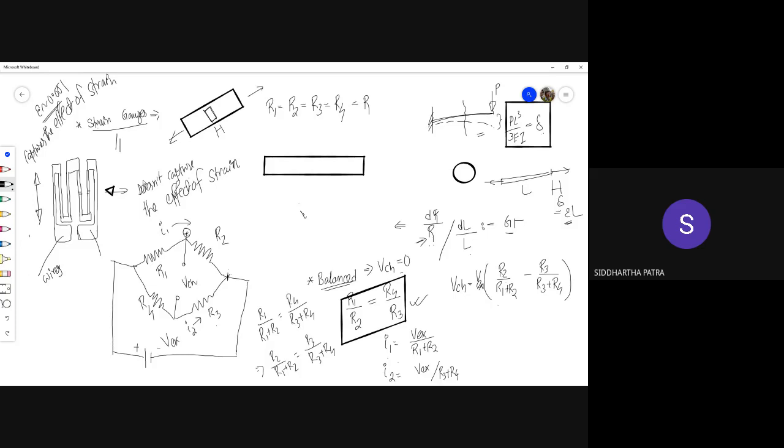So the object on which it may have been pasted may be elongating in the direction in which these strips bend. So the strain gauge itself may be expanding with the object itself. However, because the strips are only bending, not elongating, they are not straining as much.